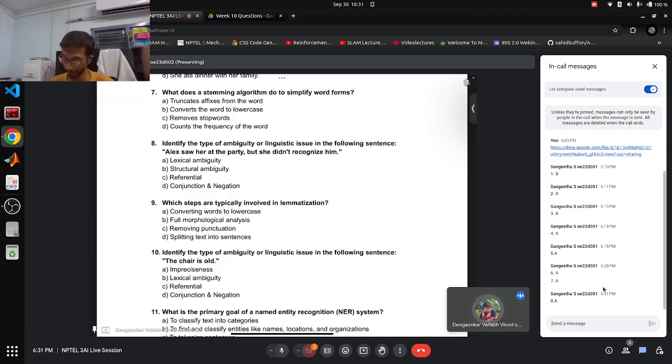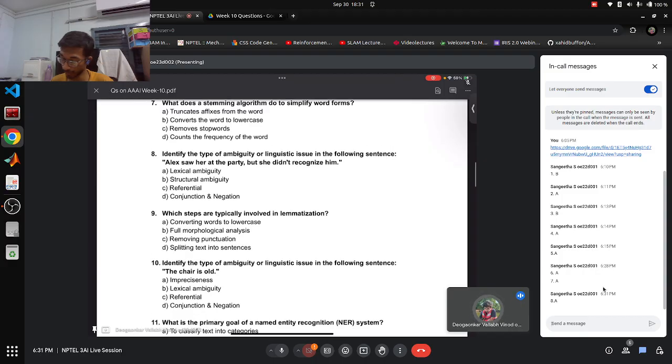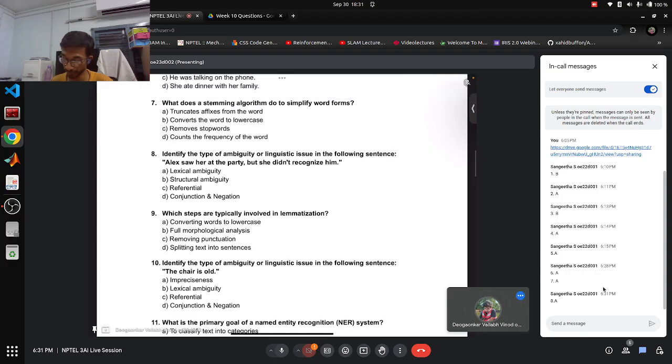For the eighth question, the ambiguity that is present in this sentence is about referential. Alex saw her at the party, but she didn't recognize him. Now, the she here could be referring to some other person than the her.